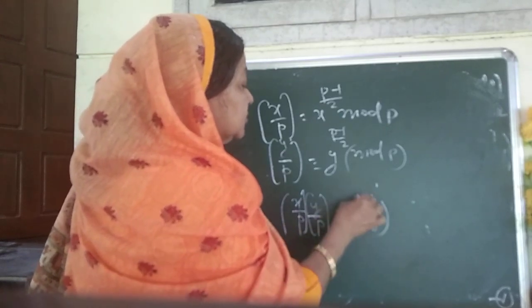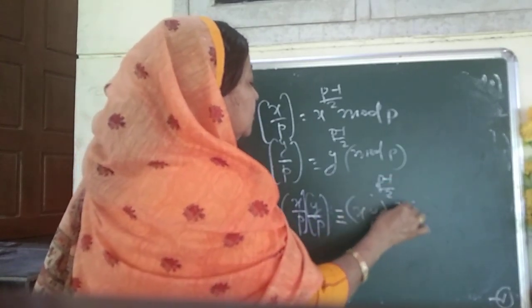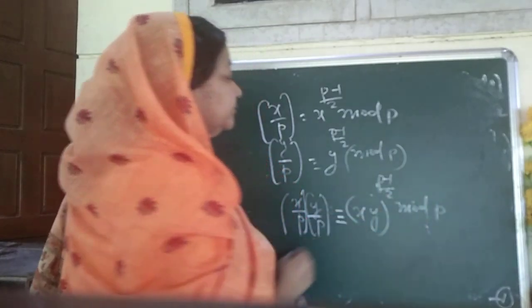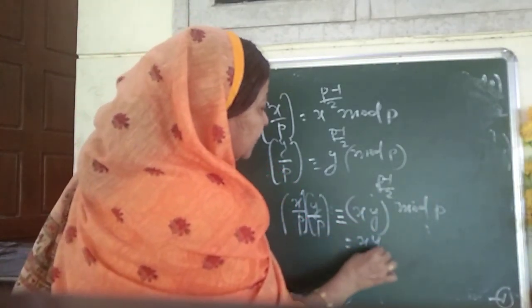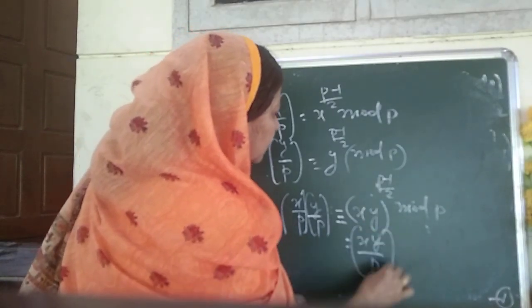That means (xy) raised to (p-1)/2 modulo p. That is, by the above theorem, it is (xy/p) modulo p.